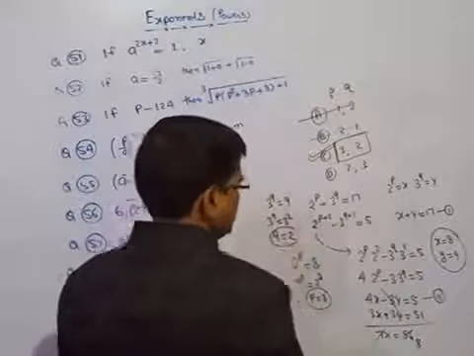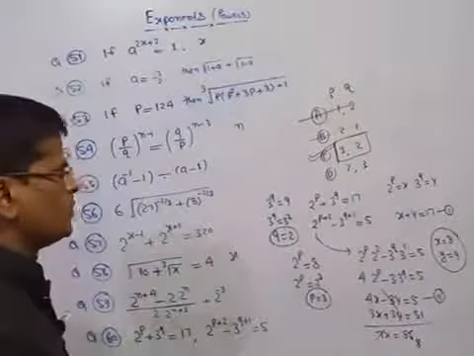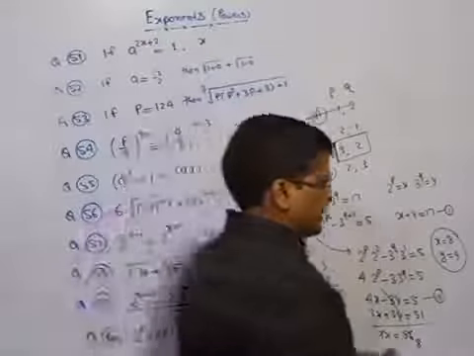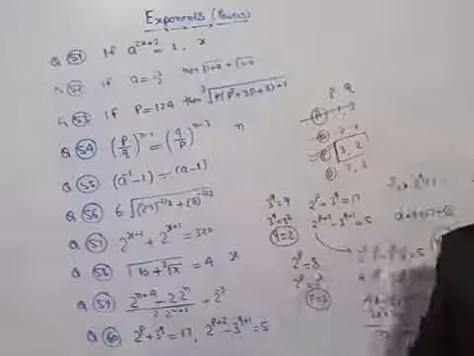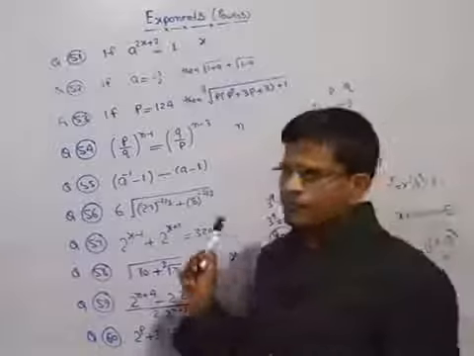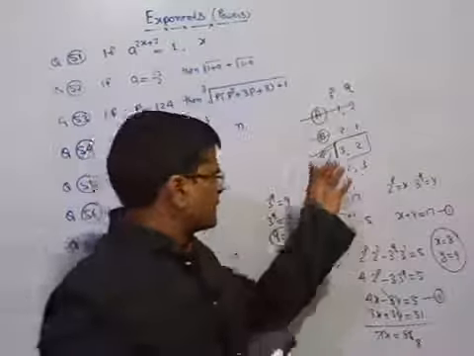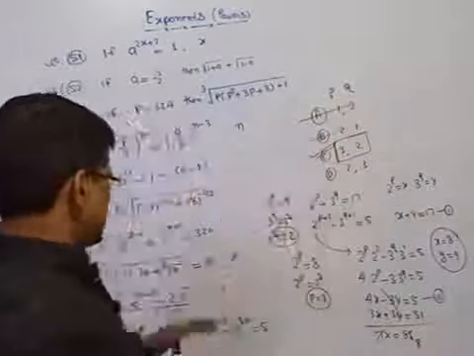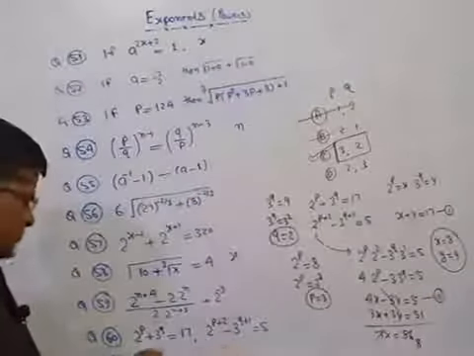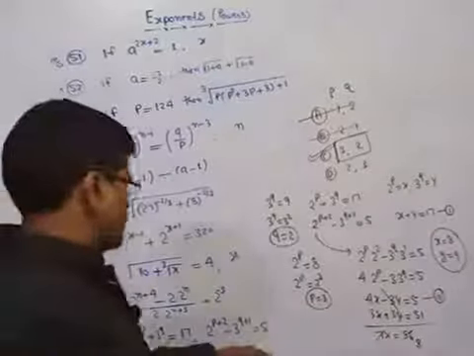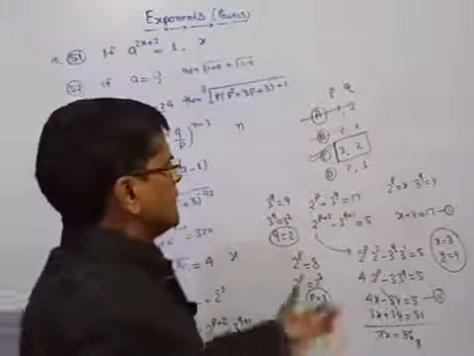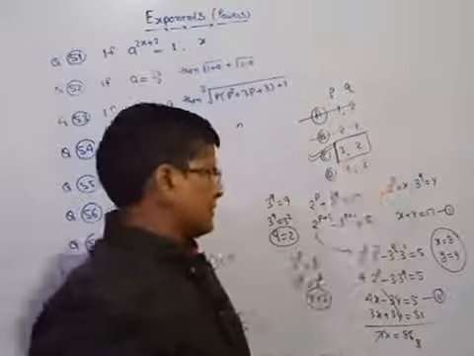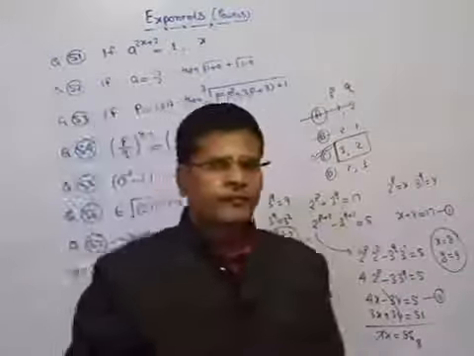Then we get the values of p and q by the detailed method. If this question comes in an MCQ, we find by putting the values of p and q in these equations. If the p and q values satisfy these equations, then that will be the answer. Clear now?